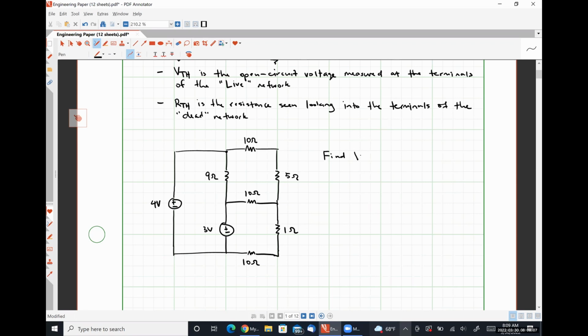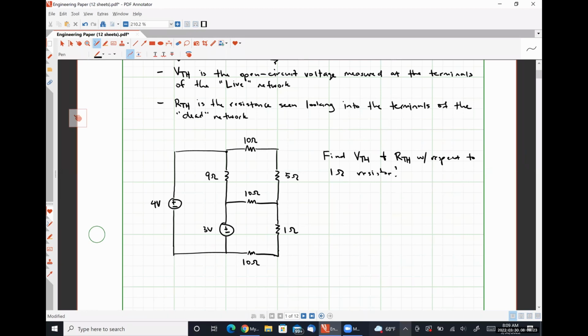So find VTH and RTH with respect to the 1 ohm resistor, okay?